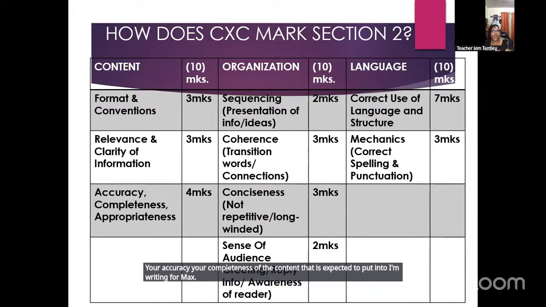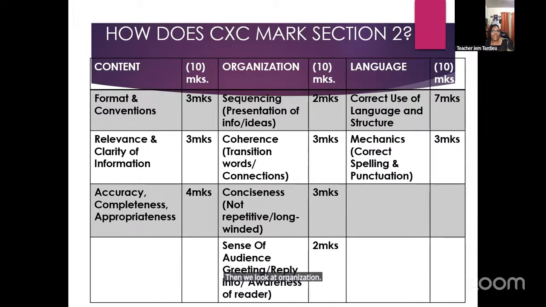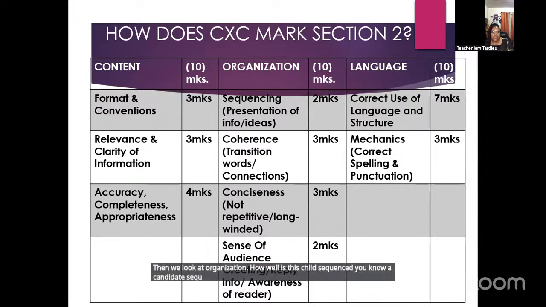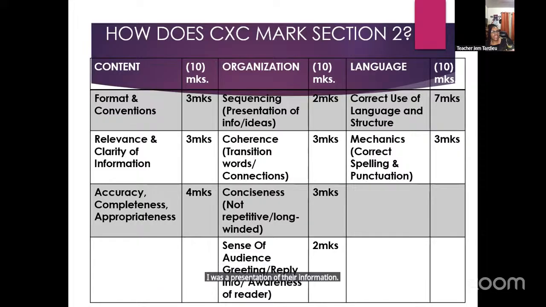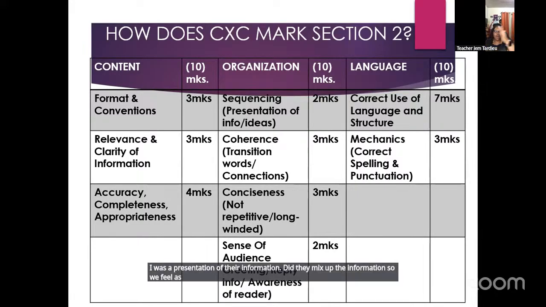Then we look at organization. How well is this candidate sequencing the information? How is the presentation of their information? Did they mix up the information so we feel as if we're going on a merry-go-round?